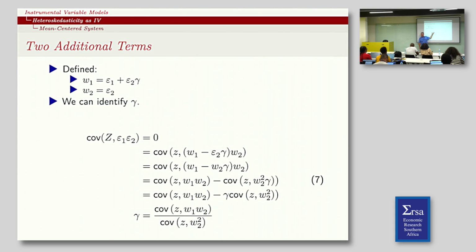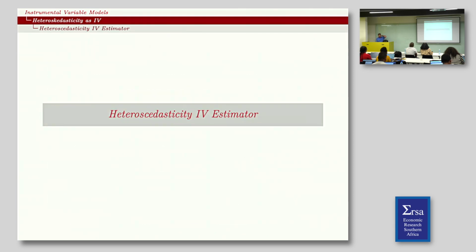If this doesn't happen, I can't use this heteroscedasticity term to get my estimator. I need some sort of correlation here, right? I don't want correlation here, but I use that to identify my underlying correlation. All right, so I'm allowing this to go away. I'm forcing it to go away because that allows me to identify the endogeneity term. Okay.